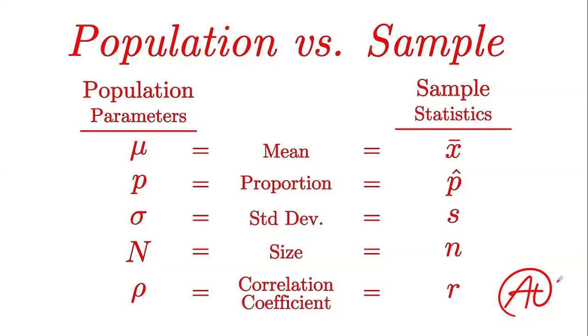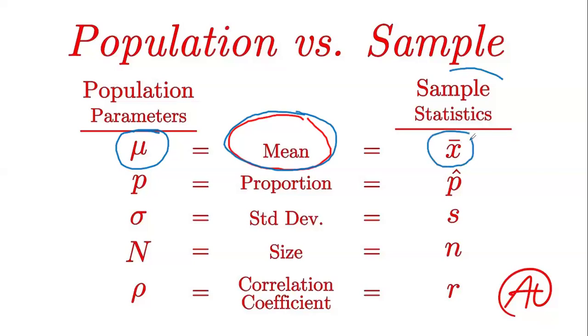So if I'm talking about the mean, if I am talking about the mean of a population, the symbol to use is mu. This is a Greek symbol known as mu. But if I'm talking about the mean of a sample, then I should just use x with a dashed line on top like that. So take note of that.